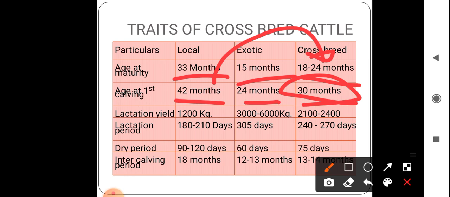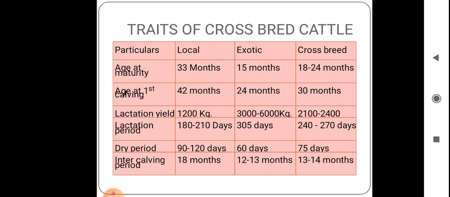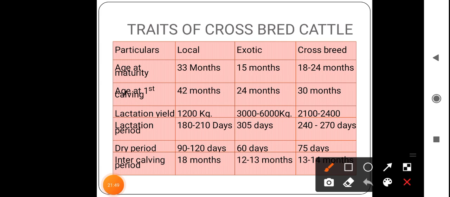So see, again the economic rate is favorable and reduced from 42 months to 30 months. It is more than the exotic animal, but a pure exotic animal will not be feasible for Indian conditions. That's why these crossbreeds are bred.